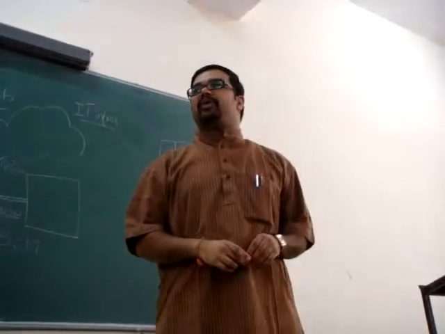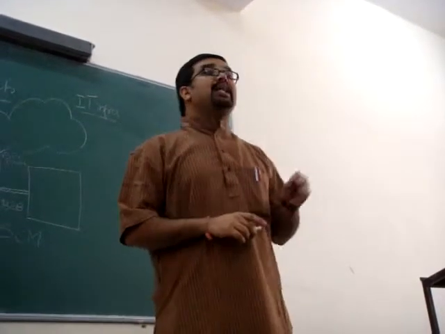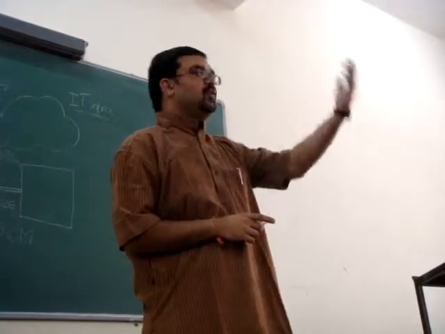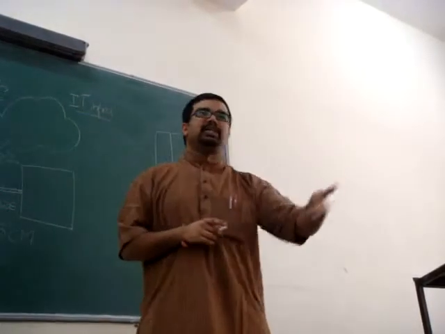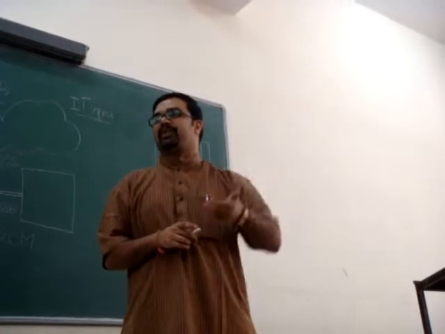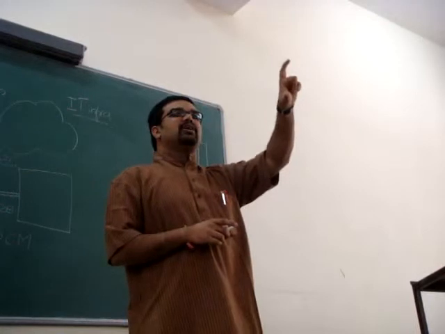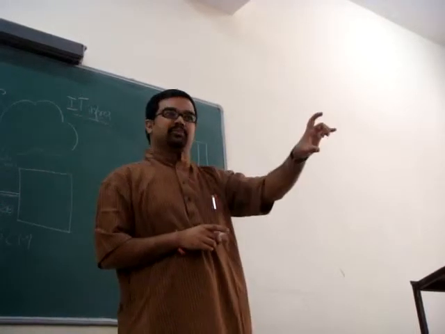Recall from our previous discussions that any modern business organization will have 4 to 5 functional units. Finance, HR, production, sales. Right? We'll have different units. Each unit may have their own information system.